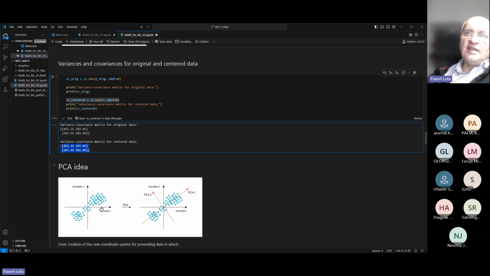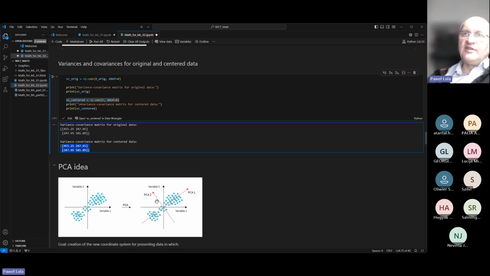So I have a data set which is centered in the origin of a coordinate system. So we have this situation. And now, using this data, I'm going to use principal component analysis.